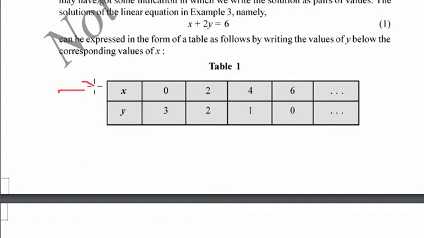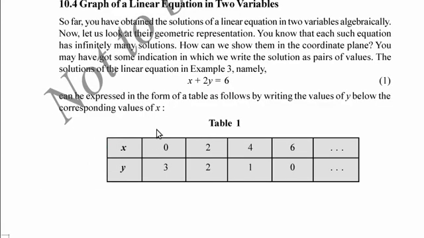In one row we have x, in one more row we have y. When x is equal to 0 and y is equal to 3, do these values satisfy the given equation? Let us see. The value of x is equal to 0. The value of y is equal to 3. 0 plus 2 times 3 is equal to 6. Yes, this is one of the solutions for the given equation.